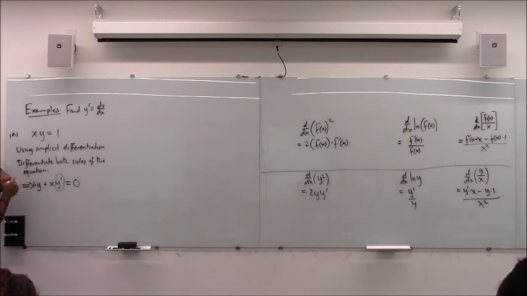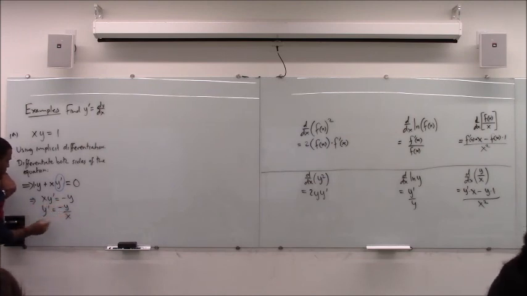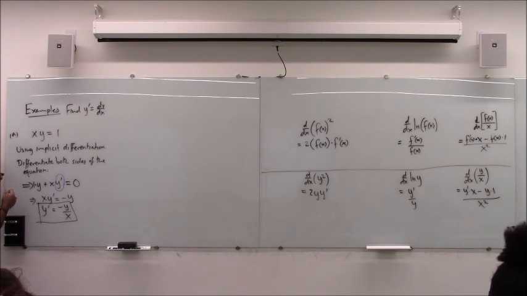How do we isolate it? It'll be negative y over x: subtract y, then divide both sides by x, and that's your answer. That's y prime. One issue. How do you know that you didn't divide by 0 here? Can x be 0?